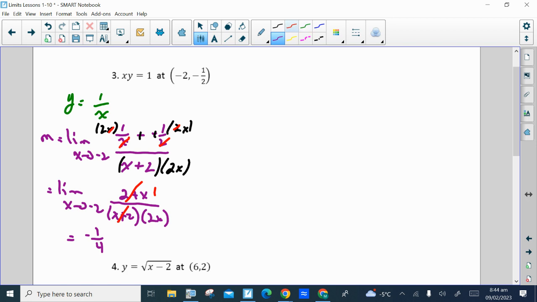And now we can find the equation. So again, if I use point slope, doesn't matter which one I use. I could also use y equals mx plus b. I'll have y minus -1/2 equals m, which is -1/4, bracket x minus x1, which is -2.